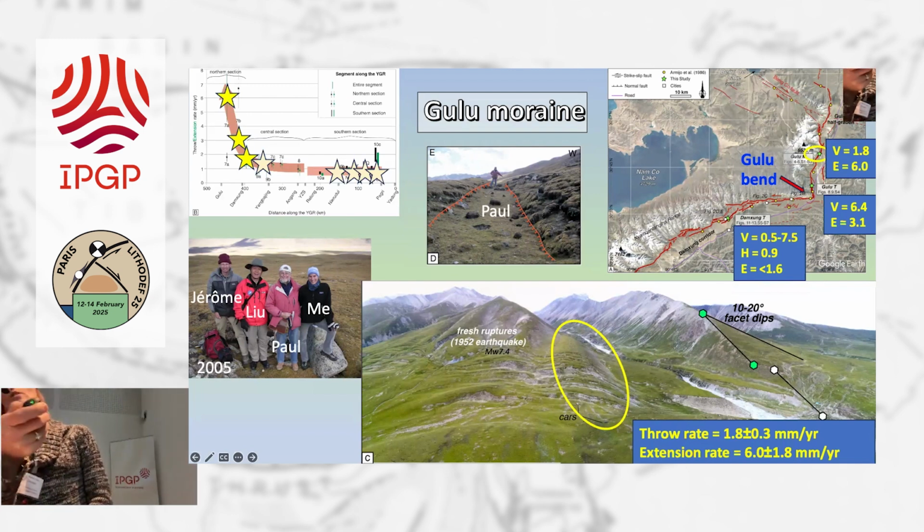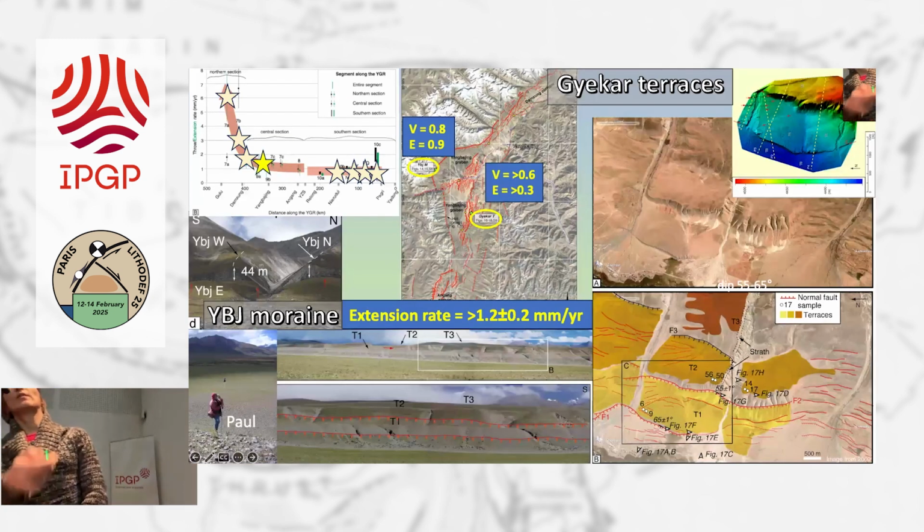And then in the Yongbajin, the Damxung corridor right here, we have an extension rate of 1.6. And now if you look at the Yongbajin graben, just north of the Yarlung-Tsangpo Suture, we have a site on the western side and a site on the eastern side. And on the western side, you have this moraine that was first spotted by Paul and Rolando in the 80s.